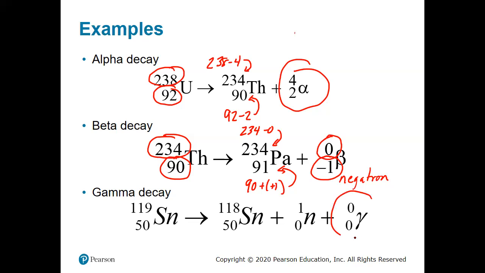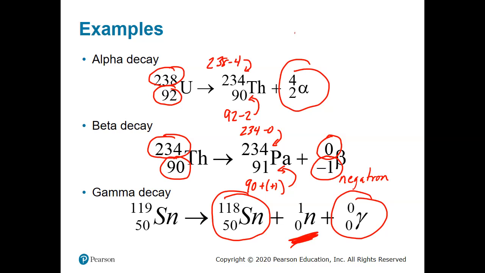We're going to see the gamma particle here. Since the gamma particle has no mass and no charge, often we will see that the daughter nucleus is practically the same. Sometimes it is exactly the same. Sometimes we shake off a little particle like this.